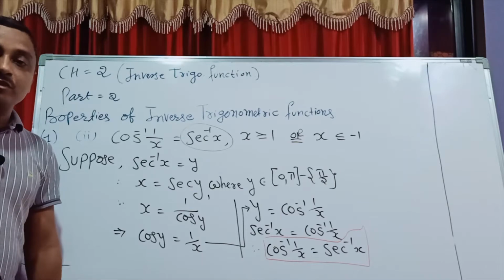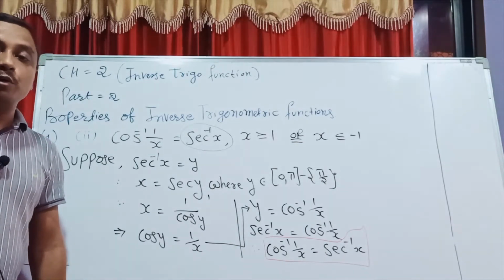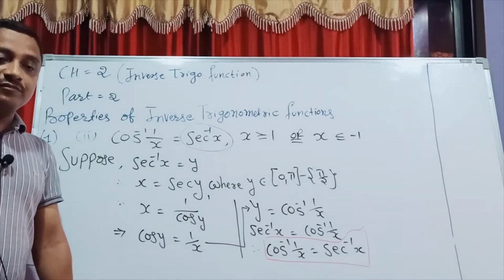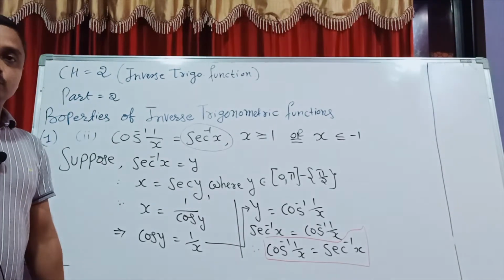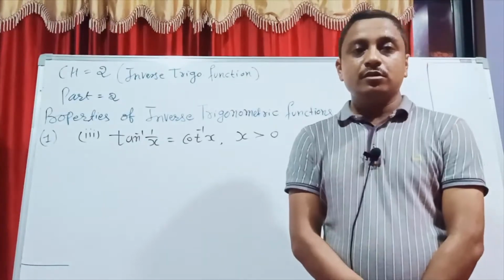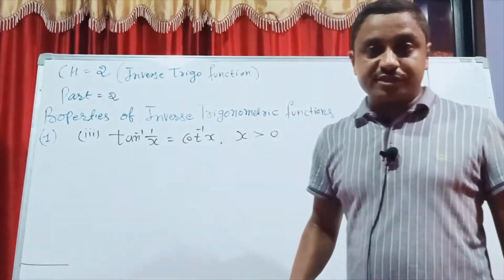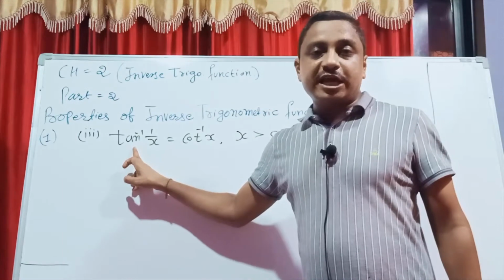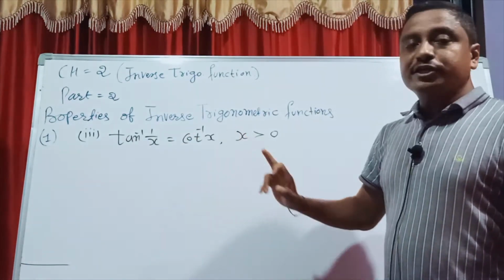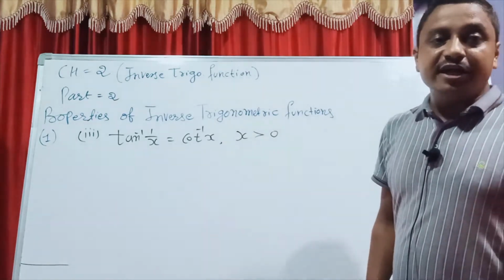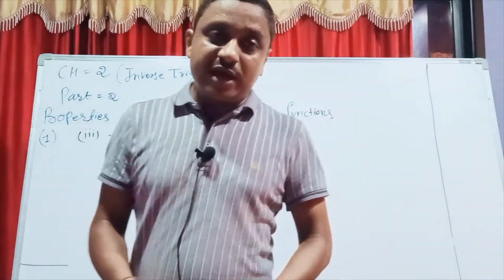So write properly. After that I take the third part of the first property. Now continue, students. The property is that tan inverse 1 upon x is equal to cot inverse x, where the condition is x greater than 0. It's very easy.